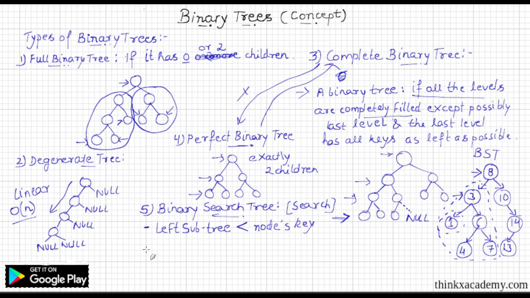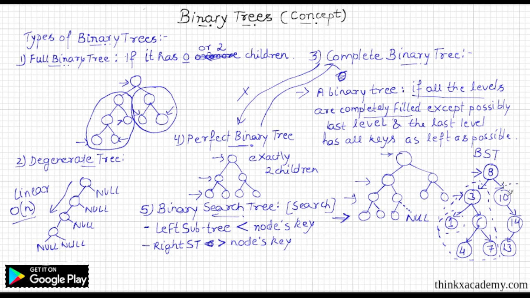So the second rule says that the right subtree, I'm going to write it like right st, this time should be greater than the node's key. If you pick up any node in the binary search tree, the elements of the right subtree will have keys greater than the node's key.